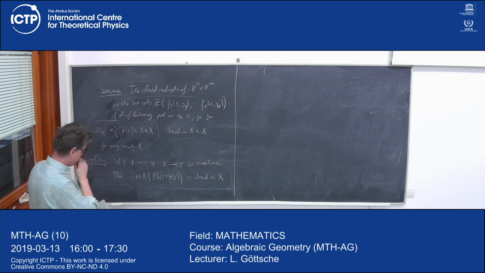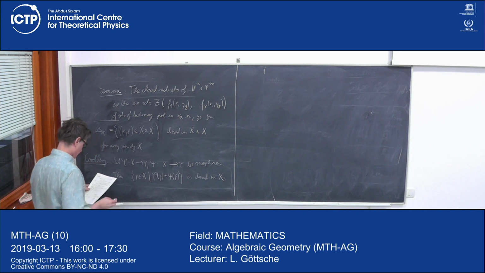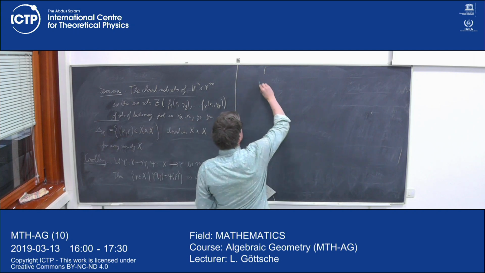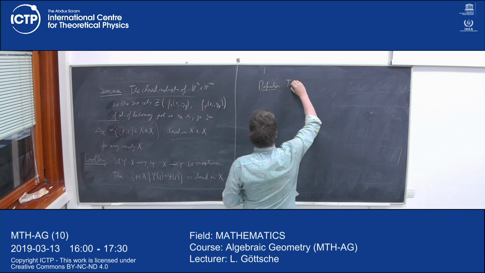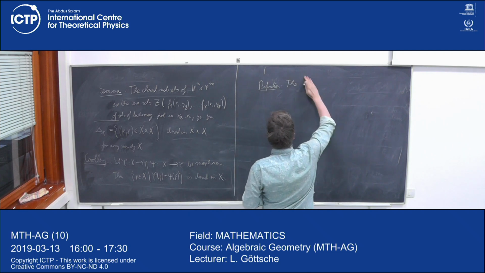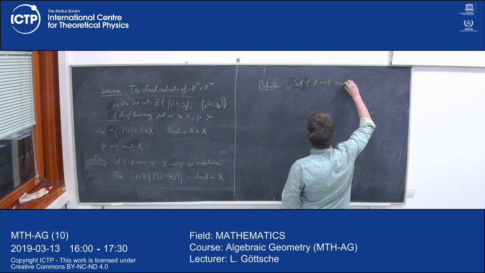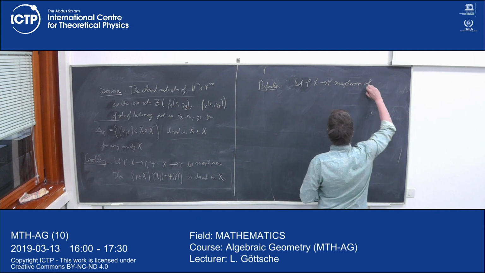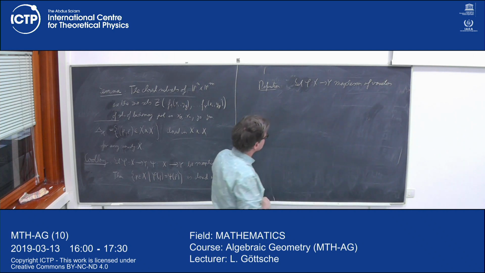Another thing one often has for continuous maps is that the graph of a continuous map should be closed if you have a Hausdorff space. Again, the same is true for morphisms. So, let phi from X to Y be a morphism of varieties, which means projective.